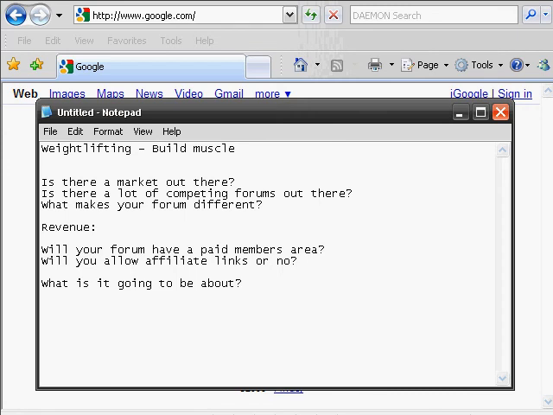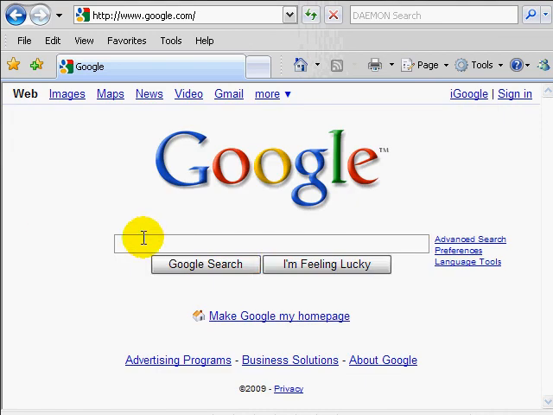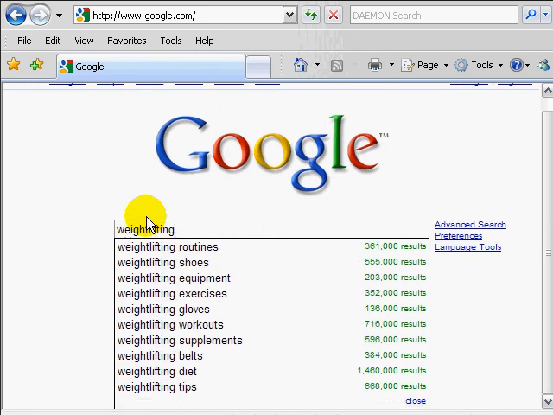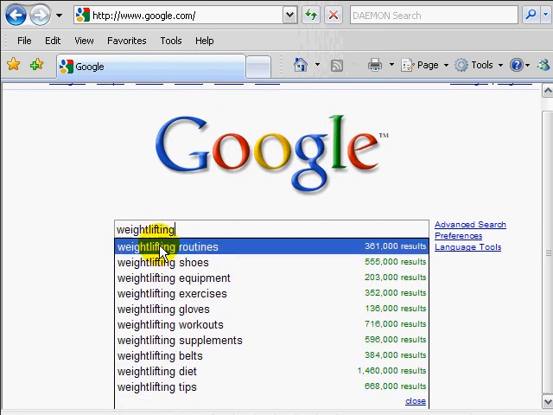And then I want to list out, okay, is there a market out there? Well, I know there's a market out there just because I'm familiar with it. But for you, if you're getting into something and you haven't done the proper research, then you might want to do that. So if I type in weightlifting and you do it under Google, the nice thing about Google is it'll tell you all these different results.